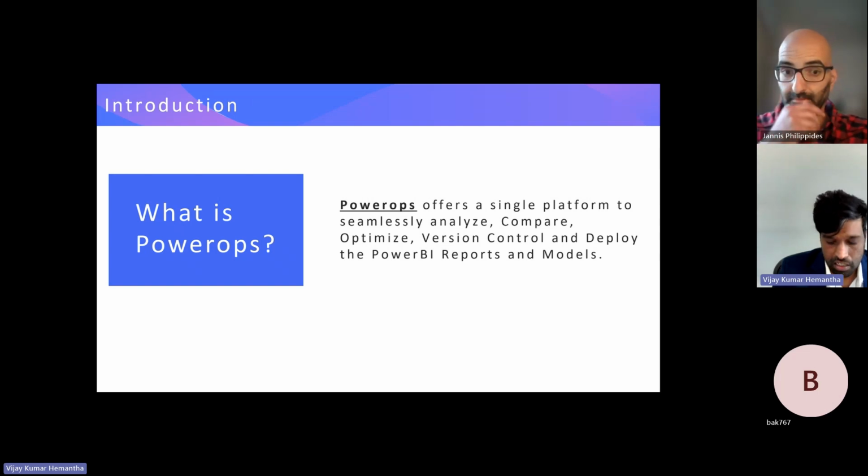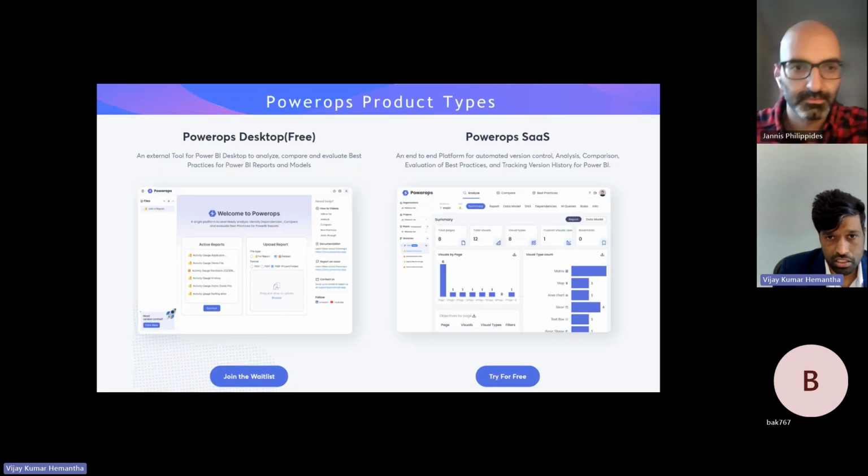We currently offer two product types of PowerOps. One is a desktop tool, another is a SaaS version. The desktop tool is free. It has a free tier, so you can use it for free forever. It is unlimited for the first 2 months, and then it is a 2 file limit per month. But you can still use it for free for life.